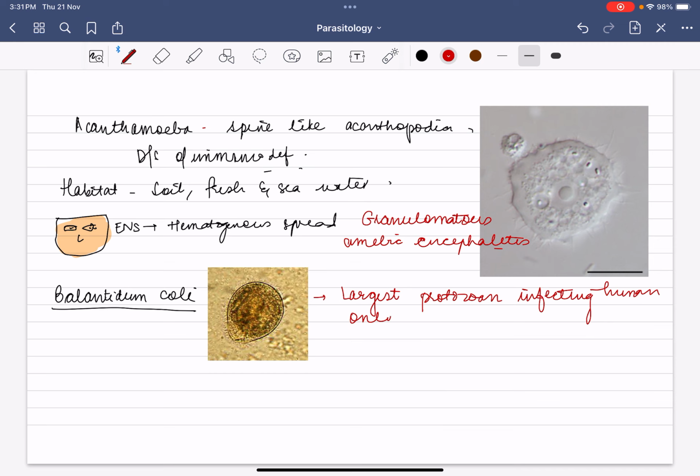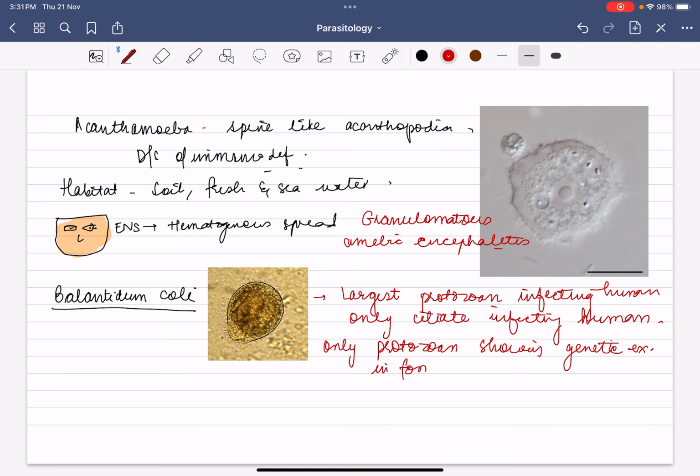Second, this is the only ciliate infecting humans. Third, it is the only protozoan showing genetic exchange in the form of conjugation.